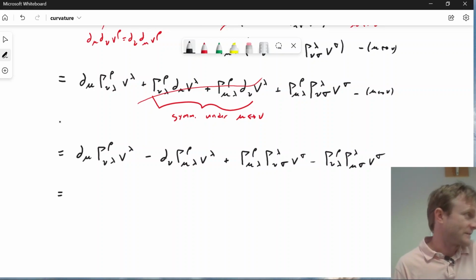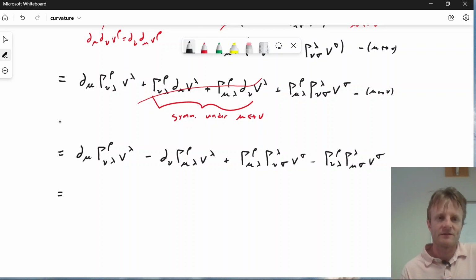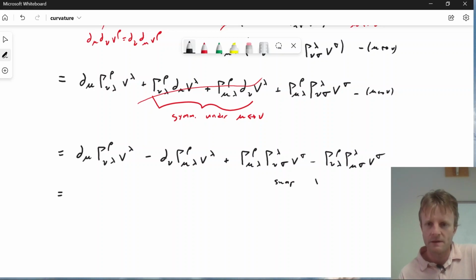Because that was our definition, to write all this thing in terms of something times v lambda, let's swap lambda and sigma on both of the last terms. And then we can factor out the v lambda.